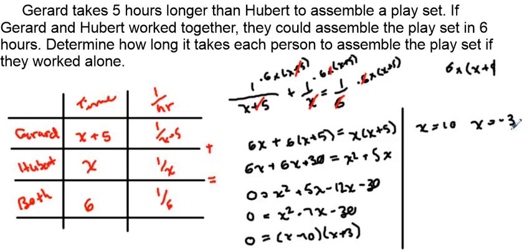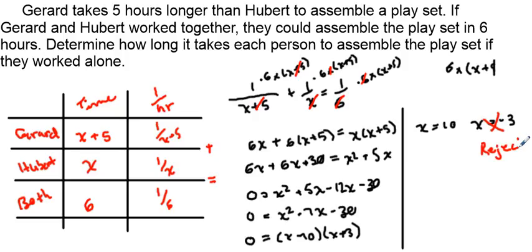Now, looking at both of these solutions, one is 10 hours and one is minus 3 hours. Since we're talking about a real-life situation here, where we have someone building a playset, they would not be able to do it in negative time. So we'd have to reject that answer first off.